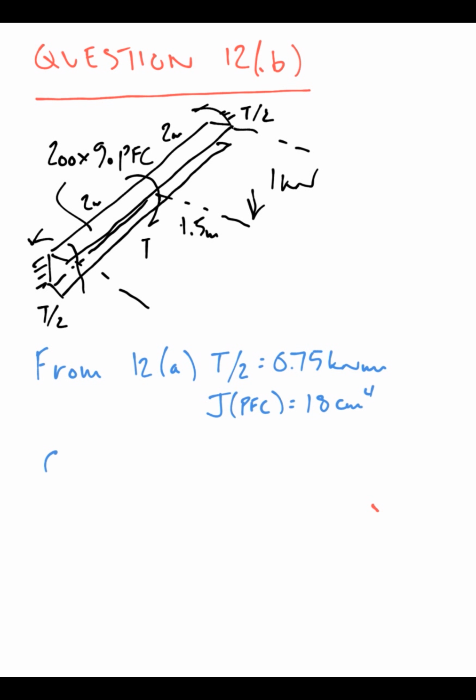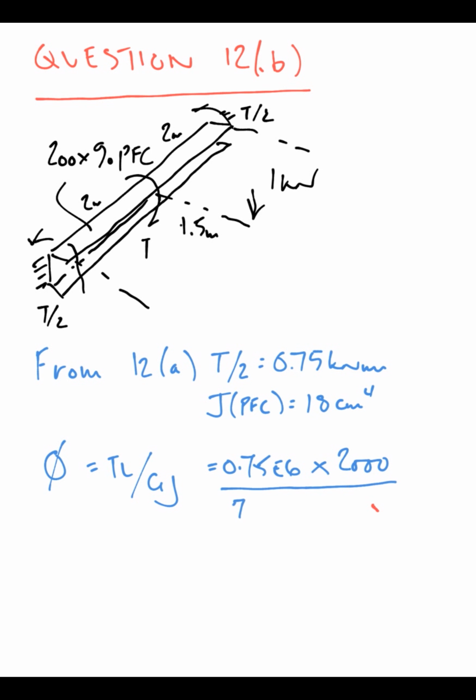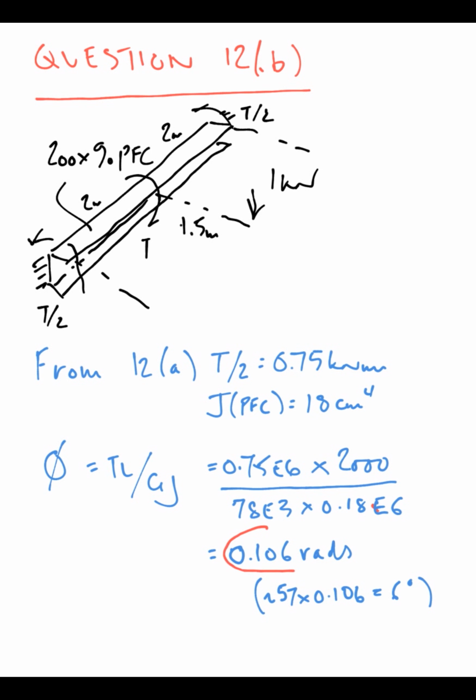The torsional constant for the PFC, the inertia, is 18 centimetres to the 4, and putting these values in, again taking half the span of the beam, we come up with a rotation of 0.106 radians. And if you take your mind back to example 12a, it's 0.0009 radians, so the RHS has significantly lower rotation.